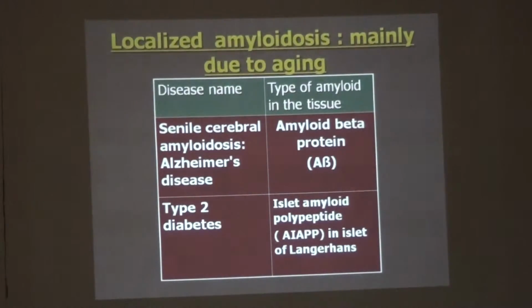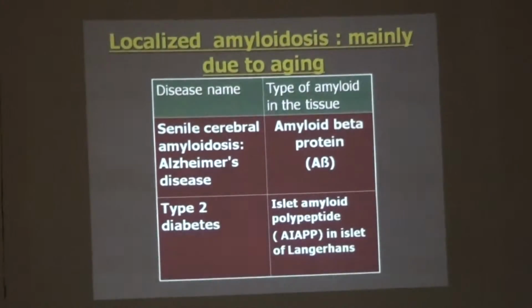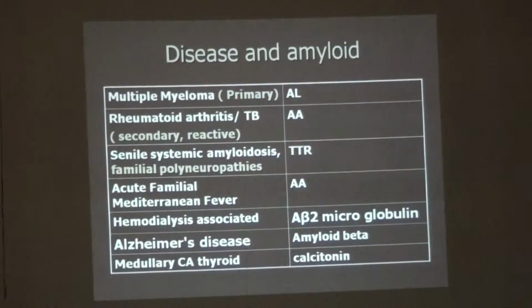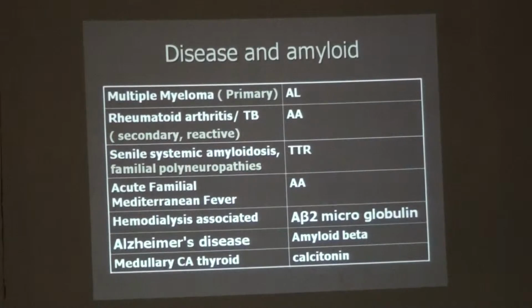In localized amyloidosis, you can see senile cerebral amyloidosis, Alzheimer's disease, where we get the A beta amyloid, and type 2 diabetes also. Among the diseases, multiple myeloma is common. This patient we are taking as a case, diagnosed subsequently because of the M band we got on protein electrophoresis.